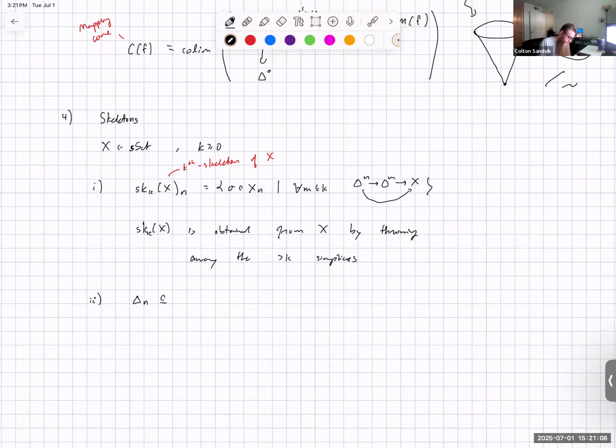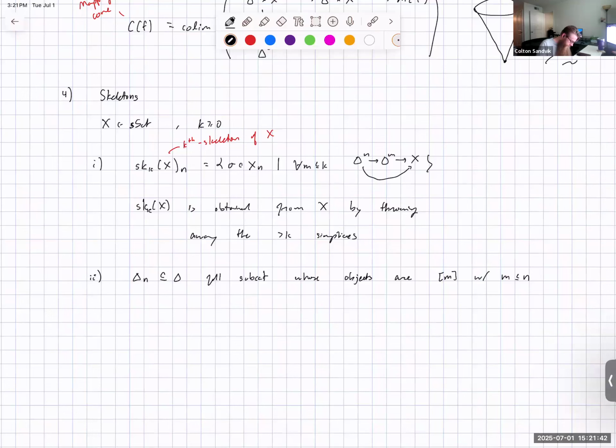This is a full subcategory whose objects are just the integers m with m less than or equal to n. So it's not any harder. We're just removing everything higher. That's all. And what we can then do is talk about this truncated version of simplicial sets.